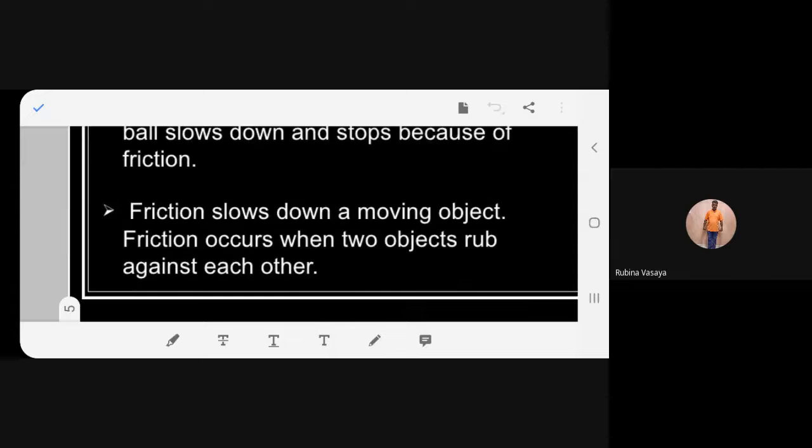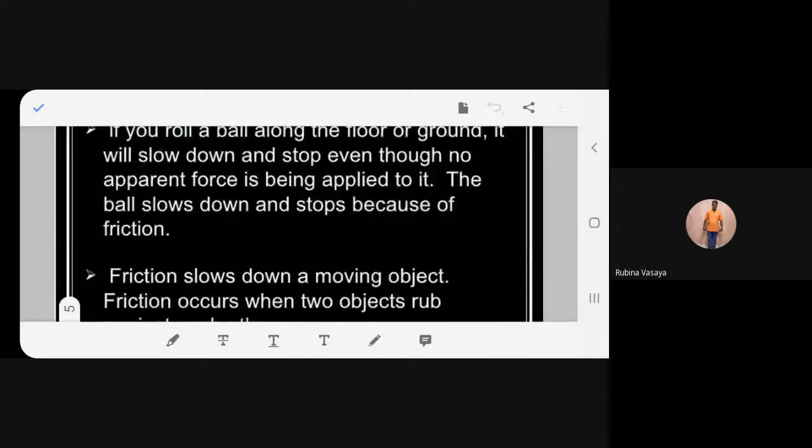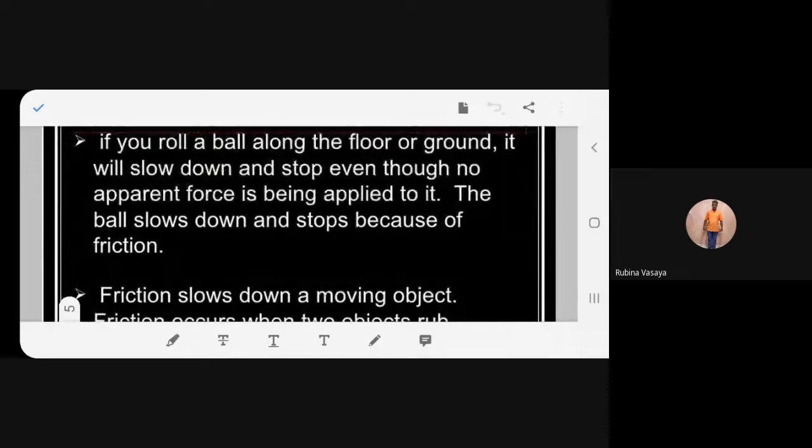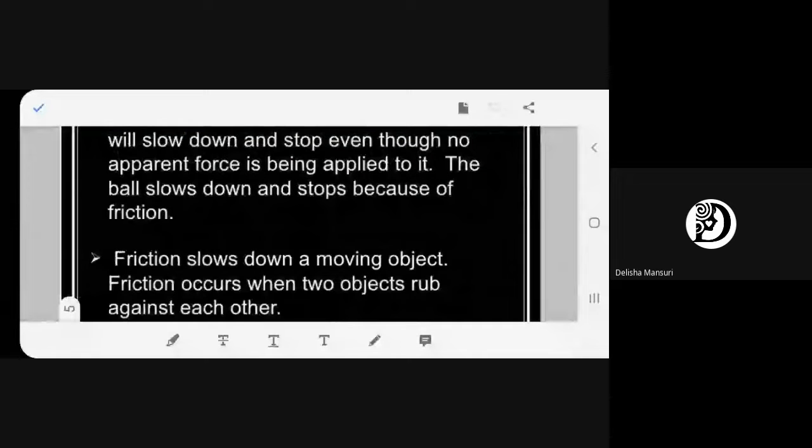These are the actions of the force of friction. What does the force of friction do, beta? It slows down the object. Second, it stops the object. Hope you have understood. Yes, ma'am.